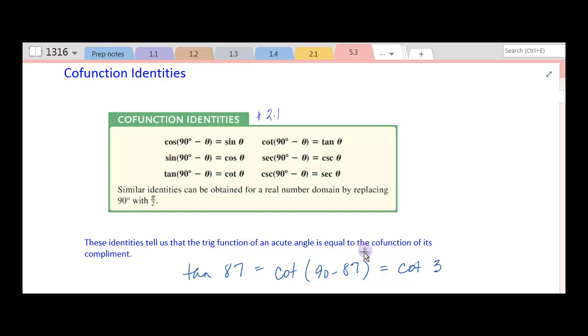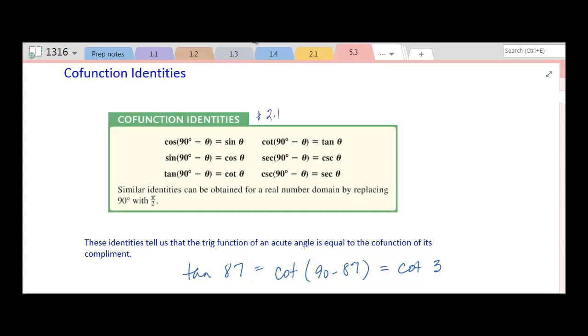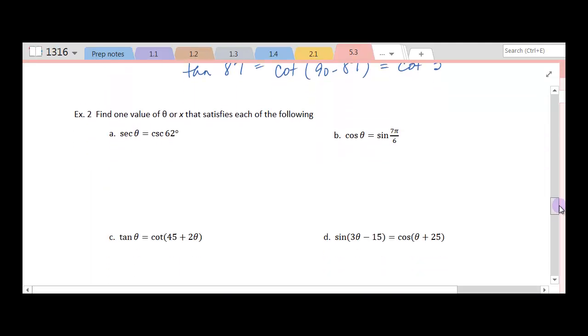So 3 and 87 are complementary angles to each other, and that's how we would rewrite the tangent of 87 in terms of its cofunction. So it's really just allowing us to rewrite, for whatever reason we may want, an angle in terms of its cofunction. So let's get into an example here and apply these cofunction identities.